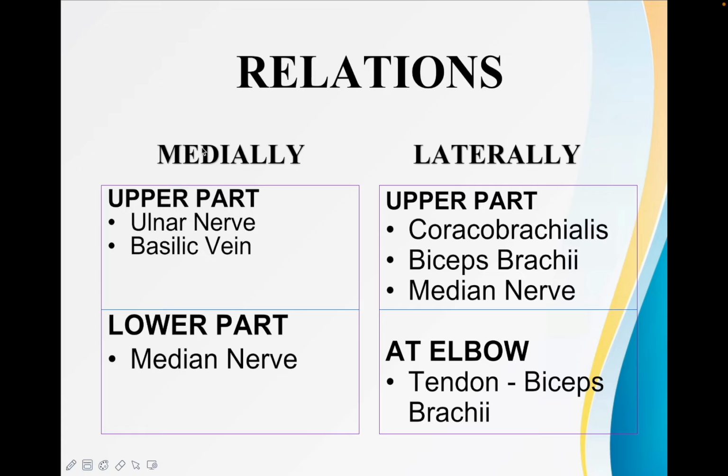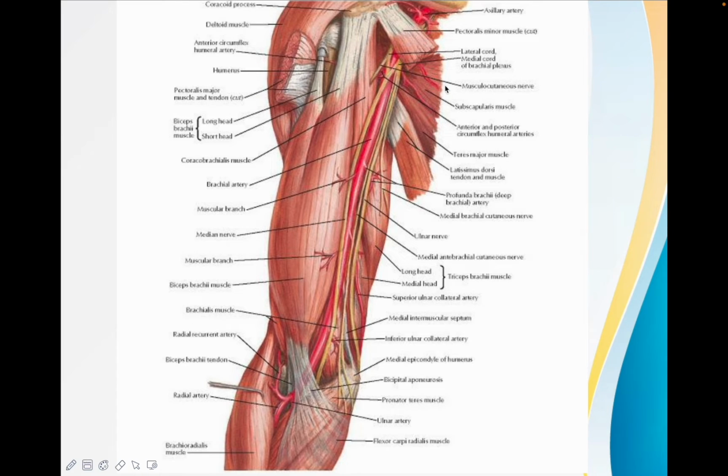Now the medial and lateral relations of the brachial artery. If we look at this figure, the medial relation in the upper part is the ulnar nerve. You can see this artery is in the center, with two nerves on each side. The medial side of the upper limb is the ulnar side, so on the medial side you have the ulnar nerve.